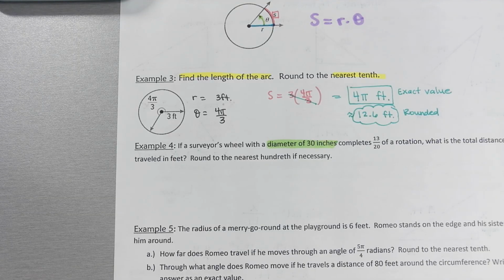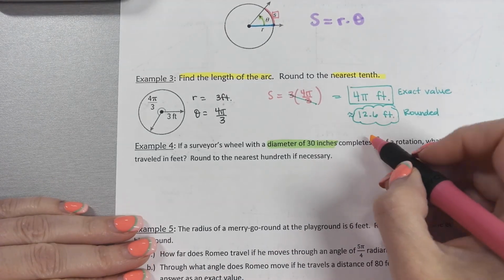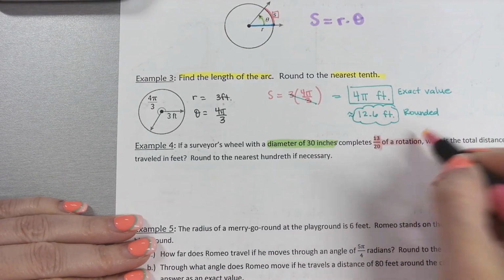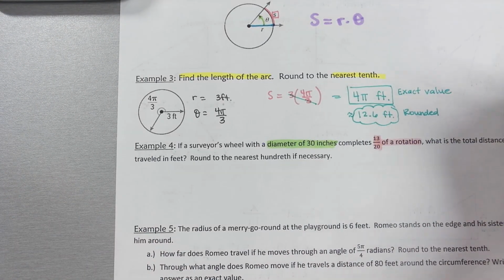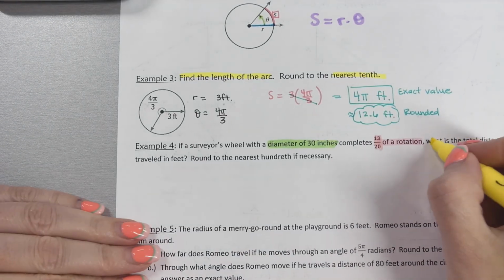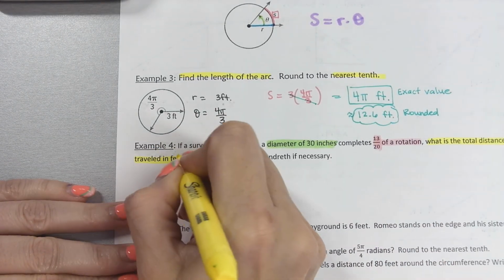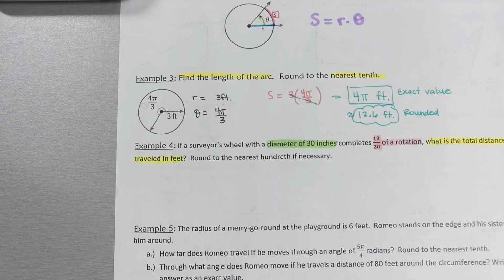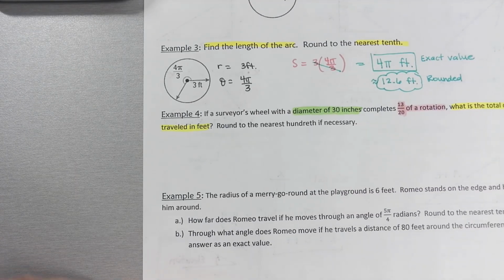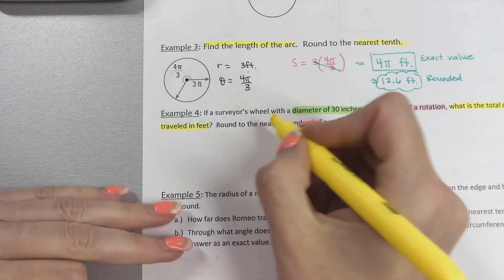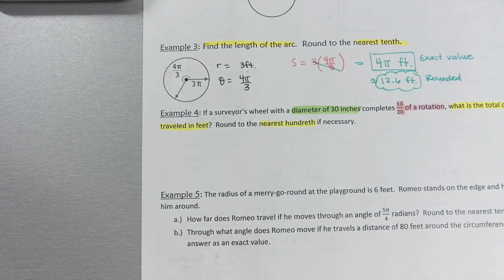It's like a big wheel and then they're measuring stuff. So the wheel with a diameter of 30 inches completes 13/20ths of a rotation. And then what we have to find is the total distance traveled in feet. And we are going to round to the nearest hundredth if necessary.